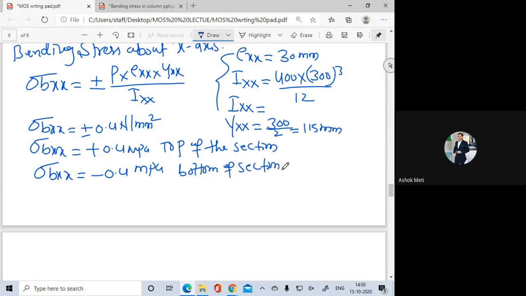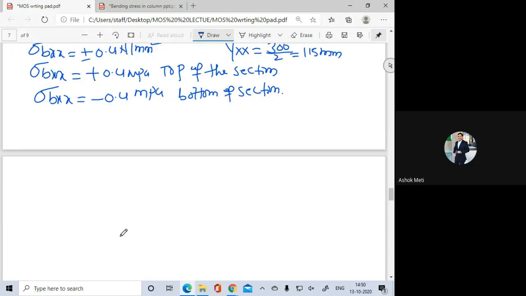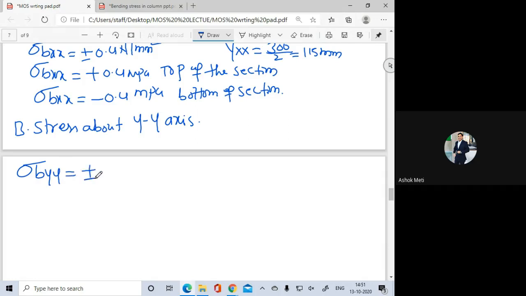So now I want to calculate the bending stress about the y-axis. Again we know the formula, sigma byy is equal to plus or minus p into eyy into yy upon iyy.